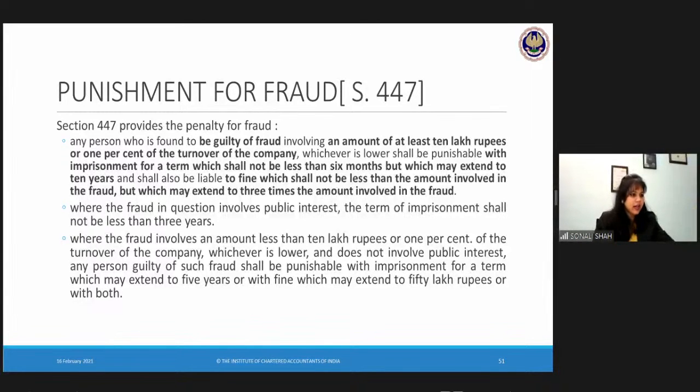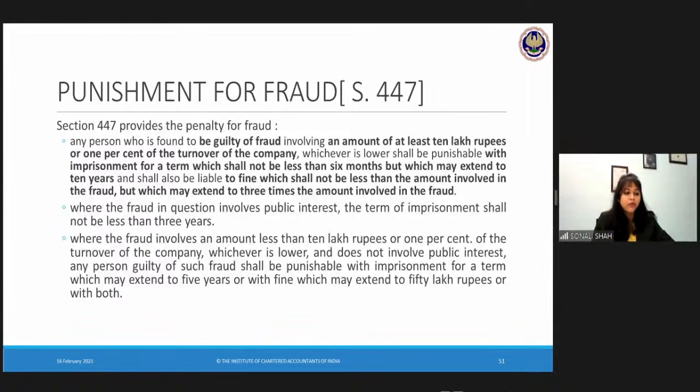Who is saying that 10 lakh limit is not available here in your study material? I think it's given. Let me have a look. This 10 lakh limit, you will see when you are reading section 447.